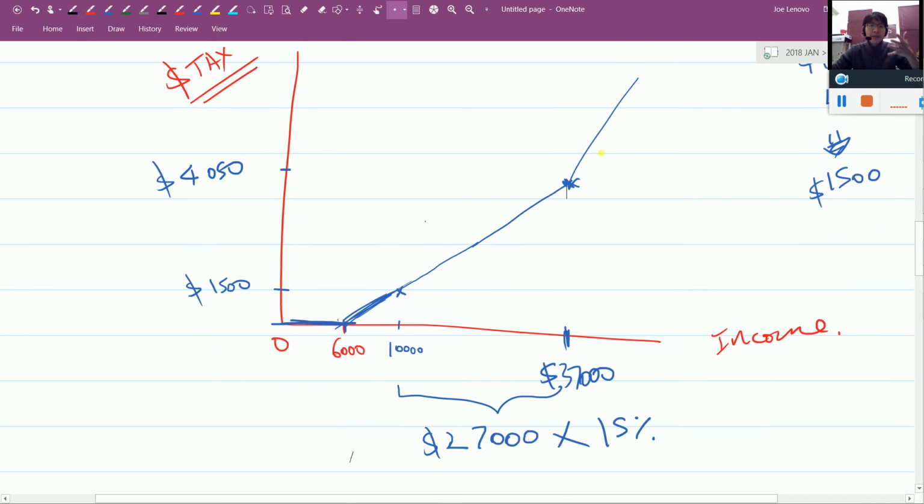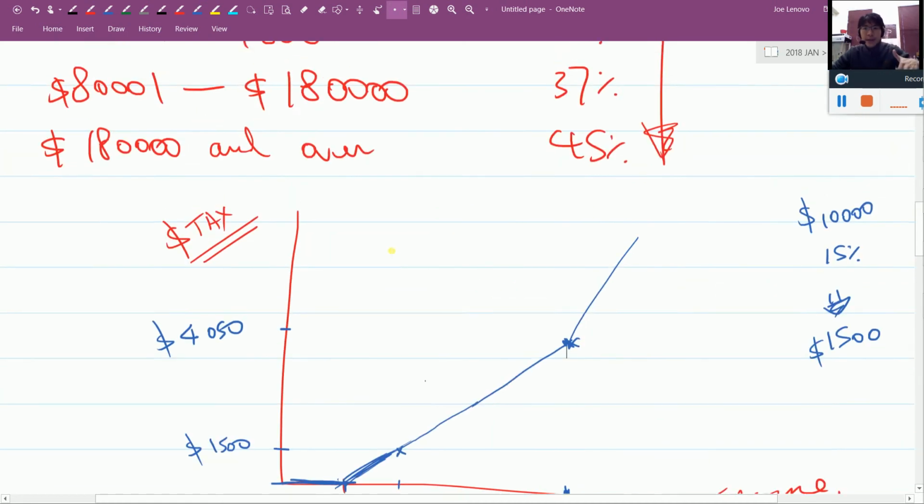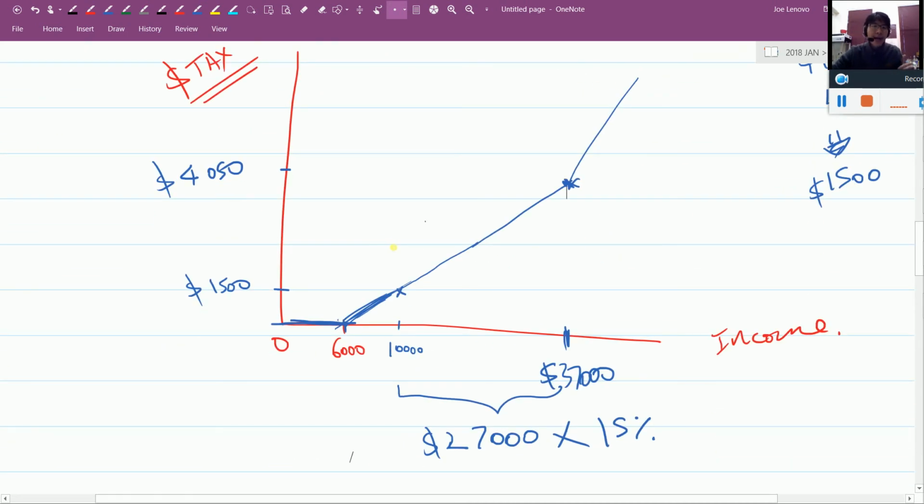Looking at the graph, you can see it's getting steeper and steeper, and the amount of tax can be shown on the y-axis. Based on that, we can have a line segment graph showing the taxable income. So that's one particular situation about line segments.